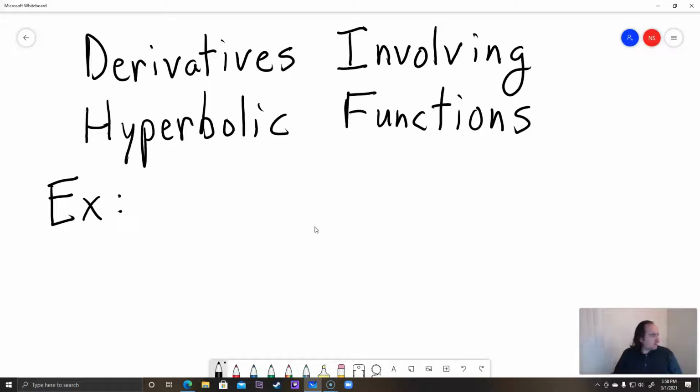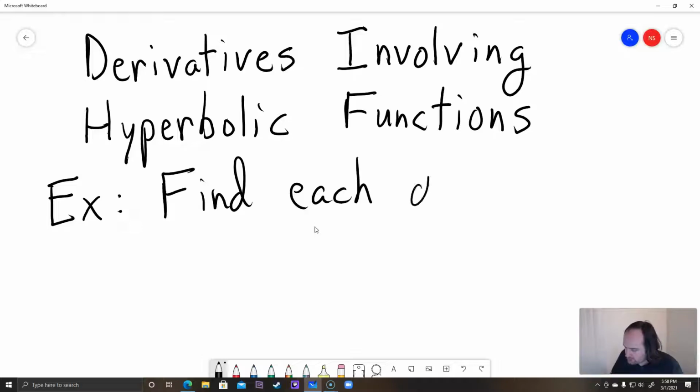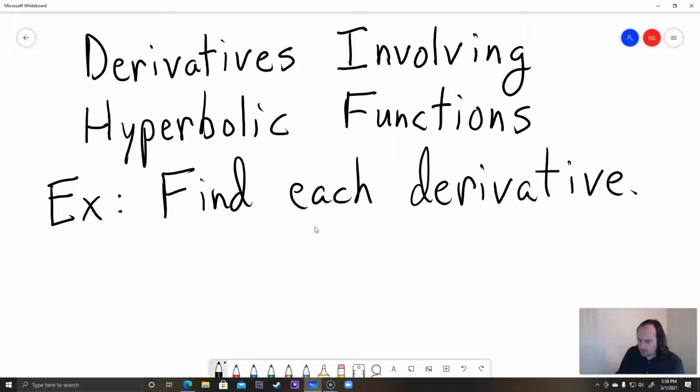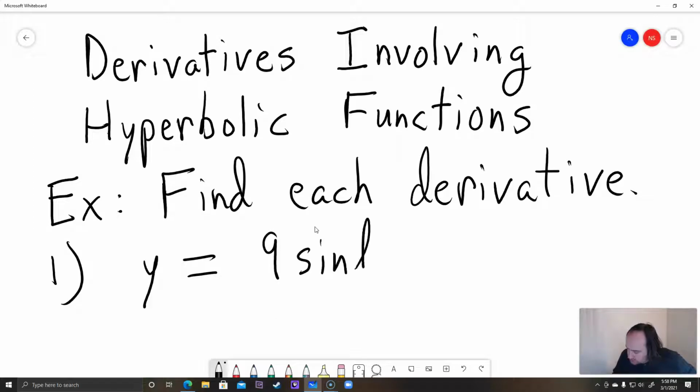Okay, so example: find each derivative. For problem number 1, we want to find the derivative of y equals 9 times sinh of x over 3.